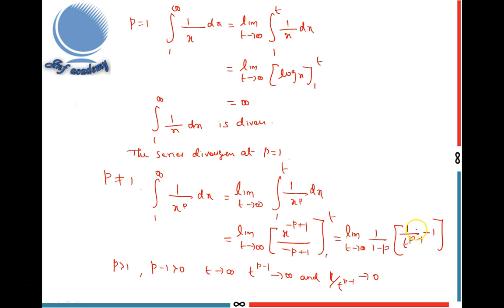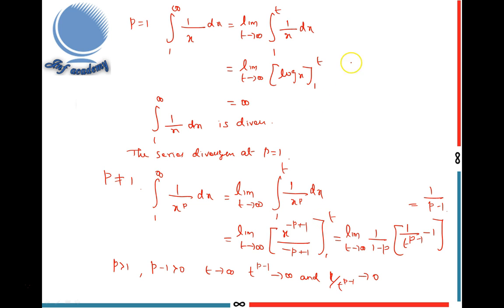So finally this term is 0, and I get minus 1 only. Multiplying 1 by 1 minus p into minus 1 gives 1 by p minus 1. So the integral converges. The integral converges if p is greater than 1 and diverges if p is less than or equal to 1.